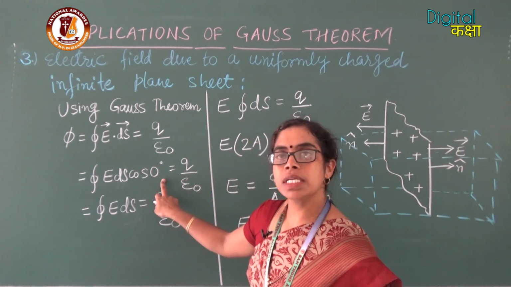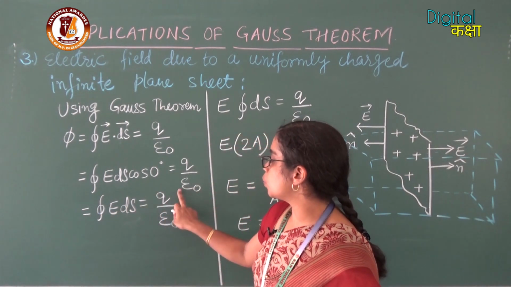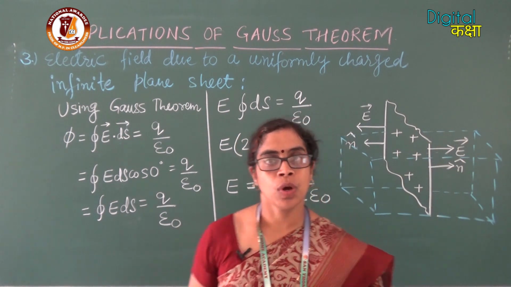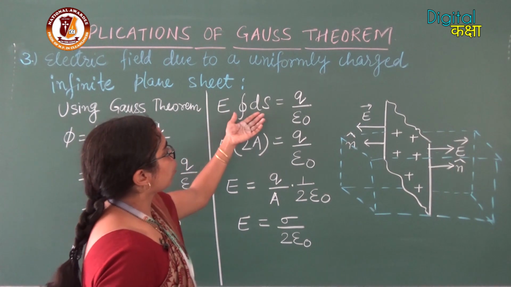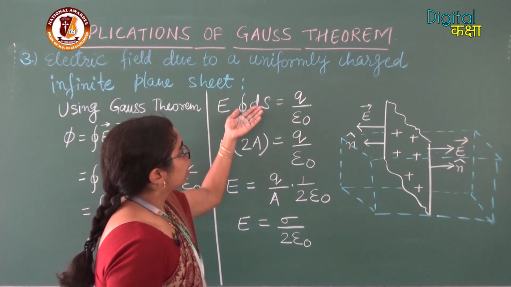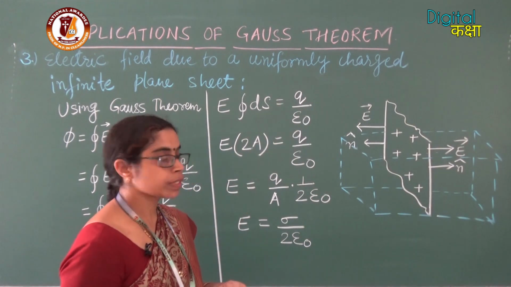Since cos 0 degree is equal to 1, integration of E ds is equal to q upon epsilon naught. Taking E outside the integration sign, I now have to integrate ds, and E times this integration is equal to q upon epsilon naught.